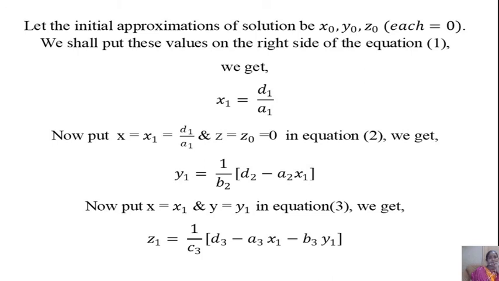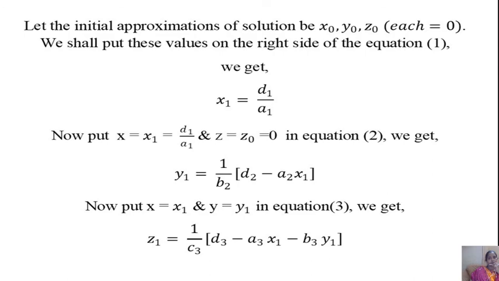Let the initial approximation of the solutions be x0, y0 and z0, and let all of them be 0. We put these values in equation 1, so x1 is d1 by a1. Now put x equal to x1, that is d1 by a1, and z equal to z0 in equation 2, so that we get the value of y1.